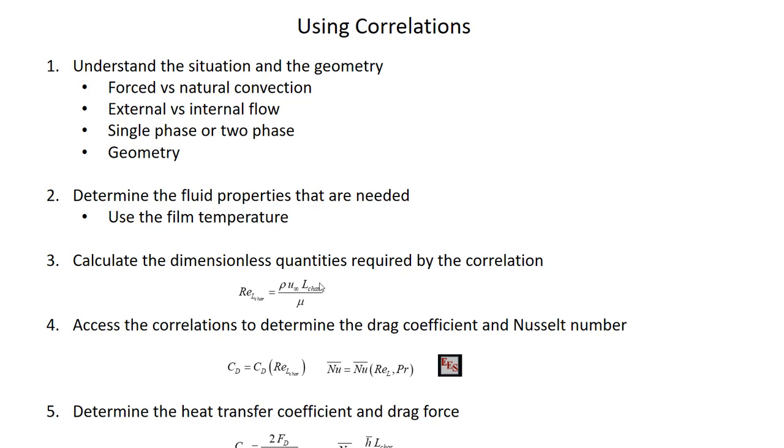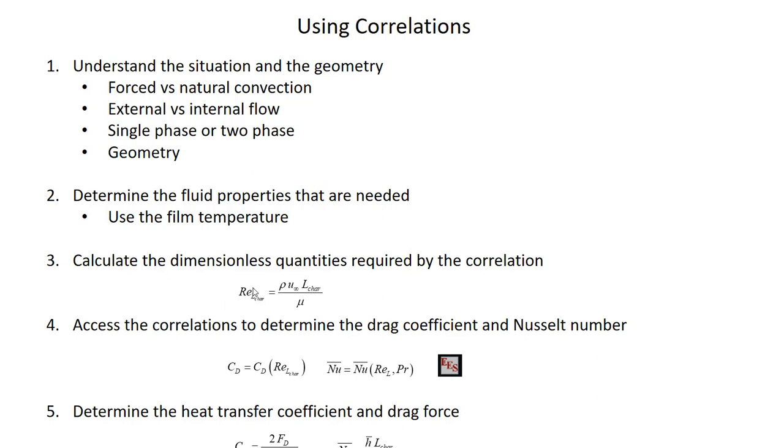So you have to make sure you're using the characteristic length that is appropriate for the correlation. And if you're not sure, then you need to read the background literature or look at the function information, so that you can figure that out.